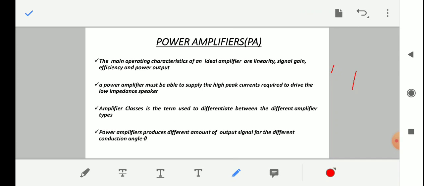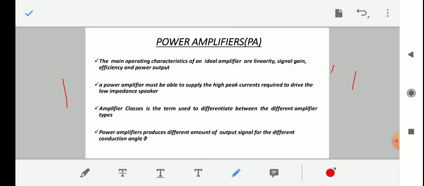The answer is no. In classic amplifiers, the value of beta is much greater than 100, whereas in a power amplifier, the value of beta, that is the current gain in common emitter configuration, is always less than 100. So the transistors used in power amplifiers are different by construction as compared to the classic amplifiers.